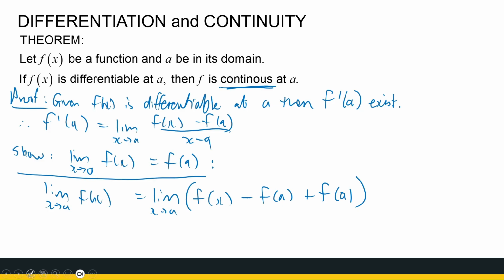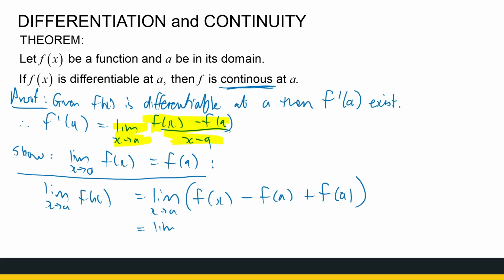Just keep in mind what we have over here. We want to use that eventually, so we're going to build this up to get to there. So it's the limit as x approaches a of f of x minus f of a plus f of a. That's still the same.